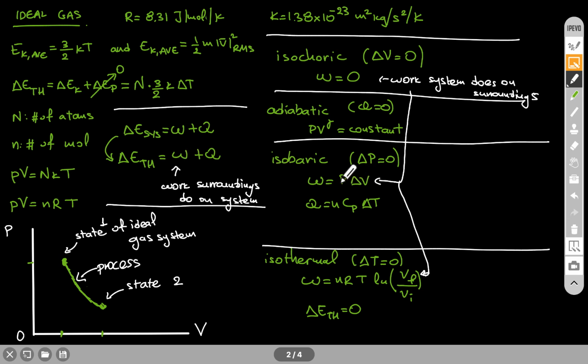So you do this calculation, you find the work that the system does, then whatever number you get, put a minus in front before you use it in the energy conservation expression.